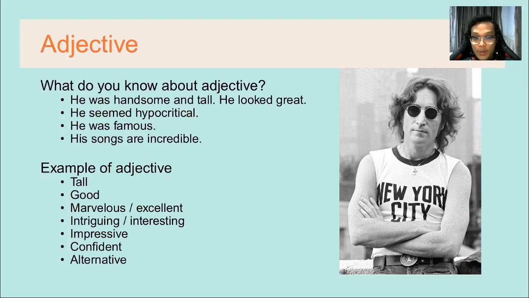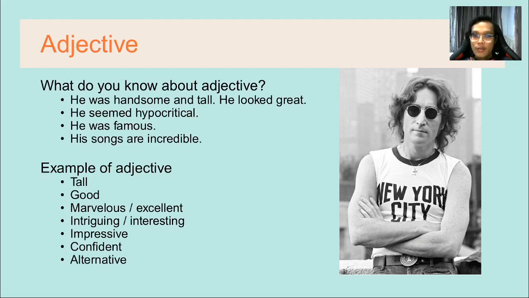For example, if you want to describe me as handsome, you can say you are handsome, right? So the words handsome, tall, and so on, we call them adjectives. The describing word, we call it a describing word, adjective. So here are some more examples of adjective words. For example, tall or good or marvelous, excellent, those are adjectives.